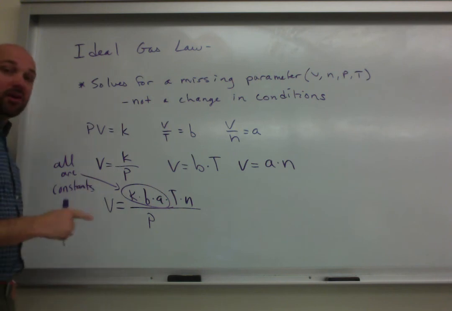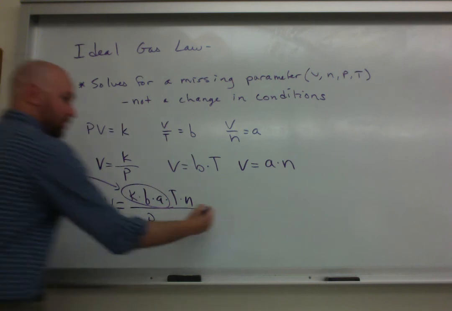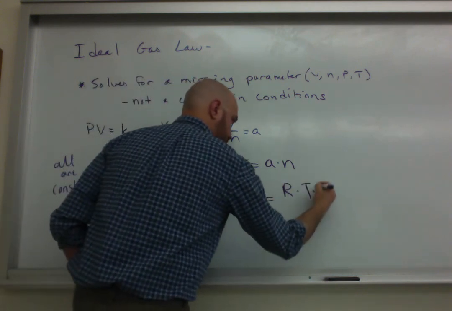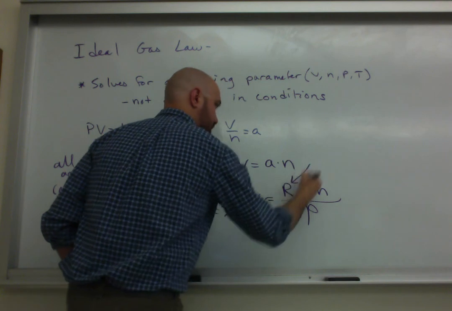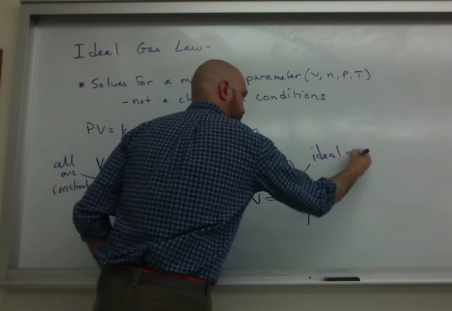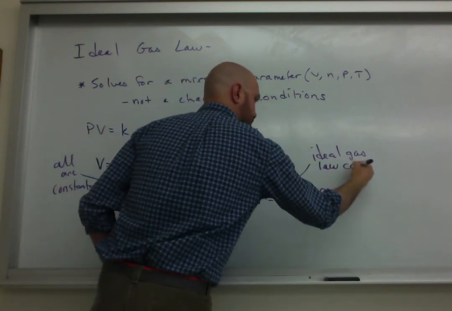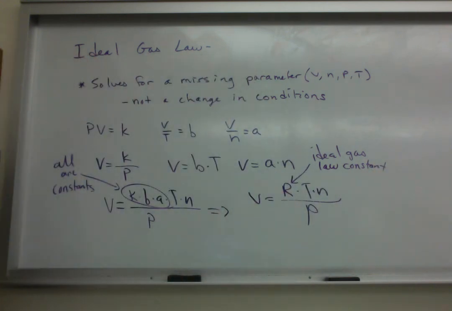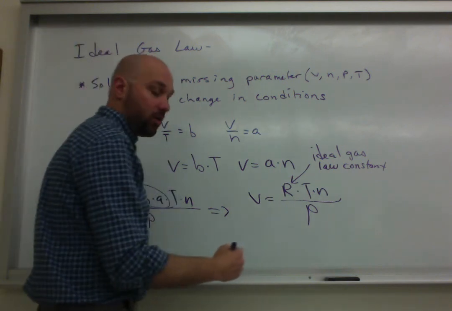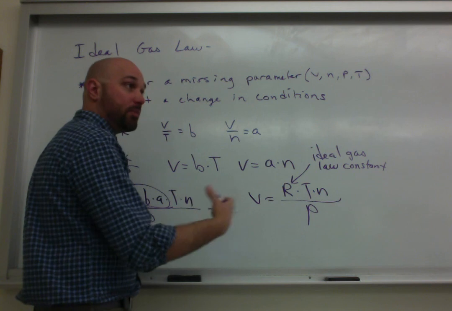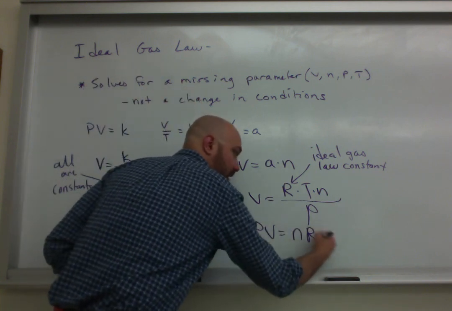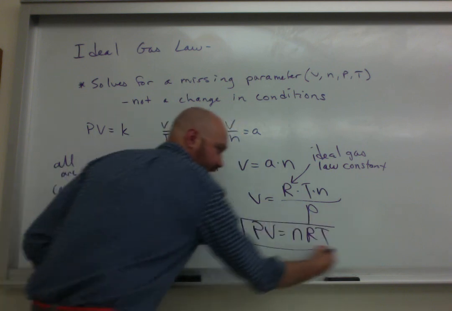So we can combine those into one, R. R is the ideal gas law constant, and we can rearrange this to solve and put it into the more popular form of the ideal gas law. PV equals nRT. It rhymes. That's how you know it's memorable.